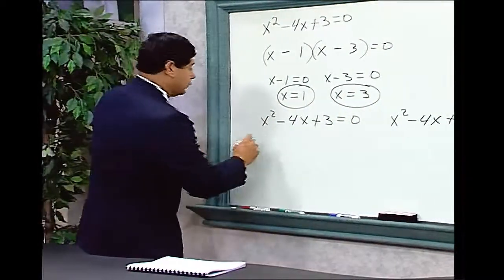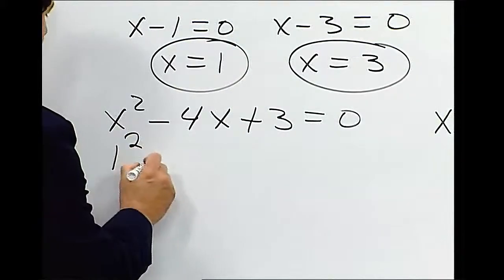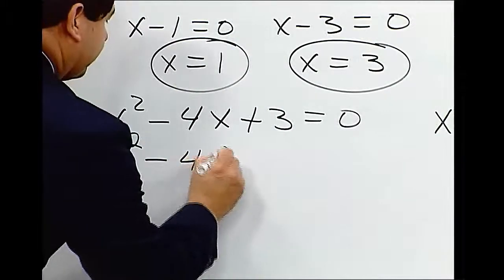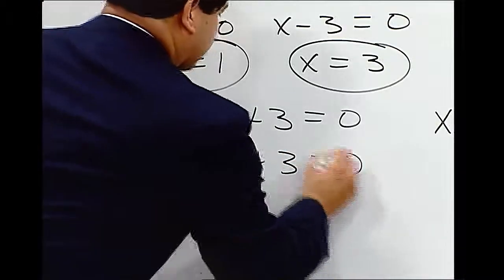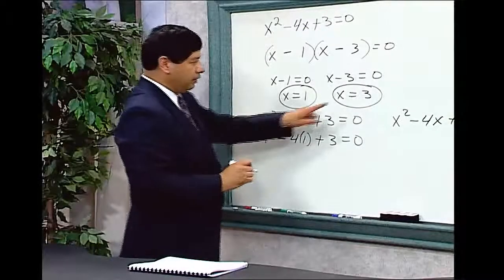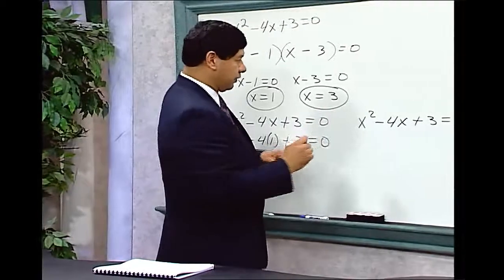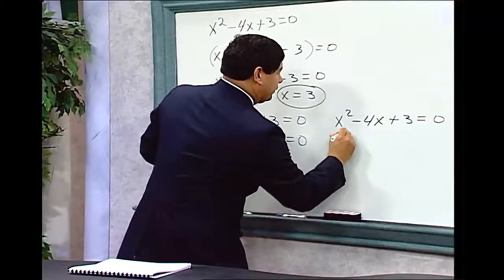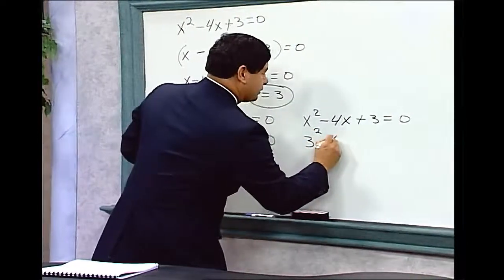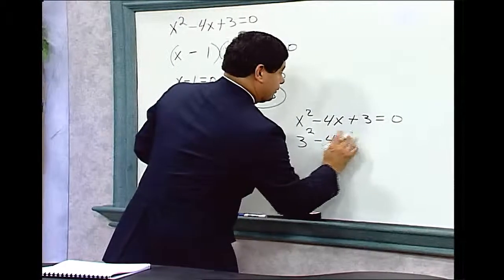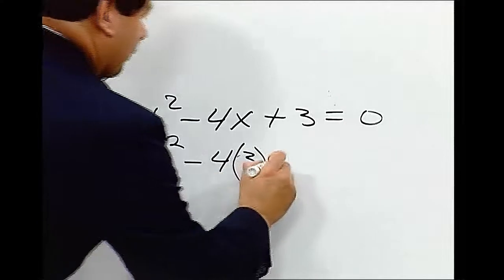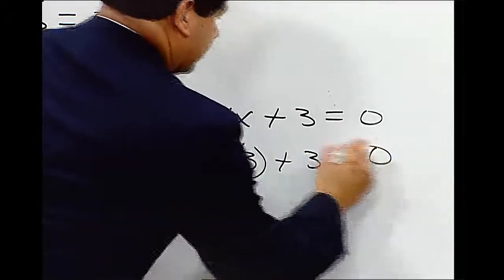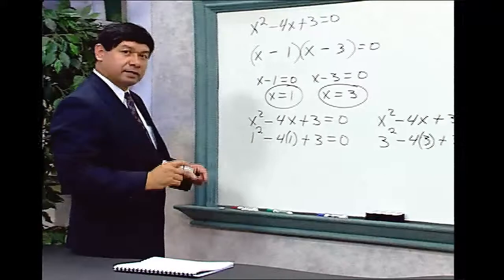Let us substitute. 1 squared minus 4 times 1 plus 3 is equal to 0. Substitute 3 for x over here. 3 squared minus 4 times 3 plus 3 is equal to 0. Now let's solve.